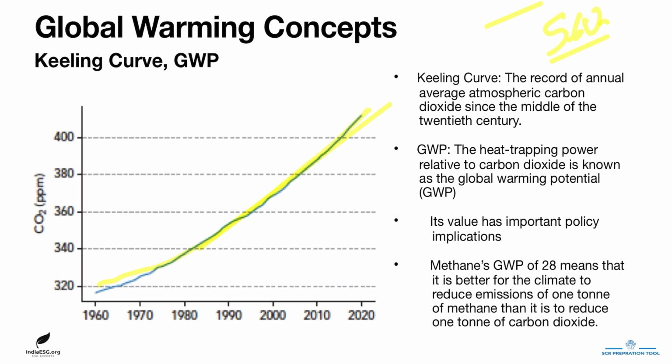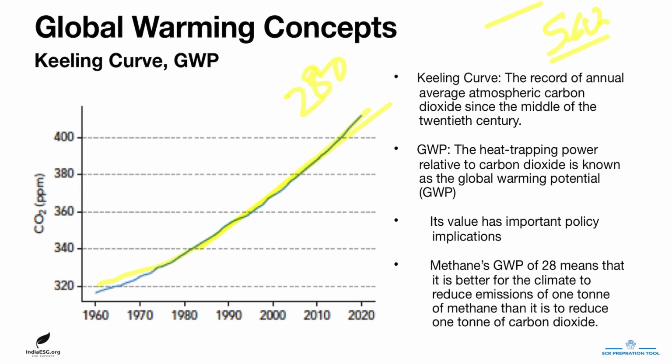If we compare with the beginning of the industrial revolution, at that time the atmospheric carbon dioxide was 280 parts per million, and there were other greenhouse gases like water vapor, carbon dioxide, nitrous oxide, and methane also.